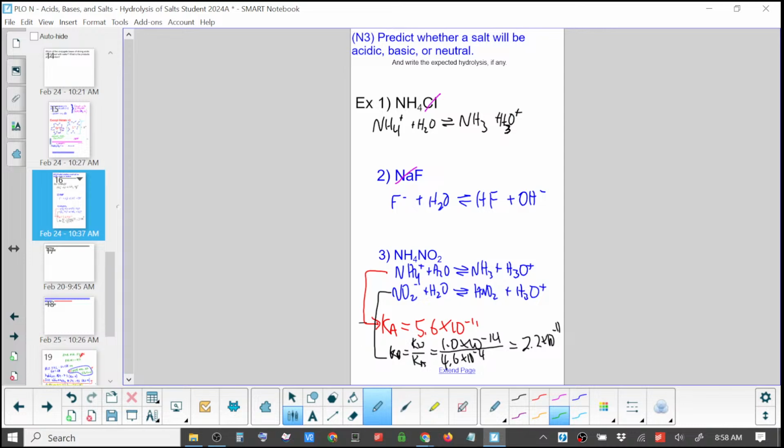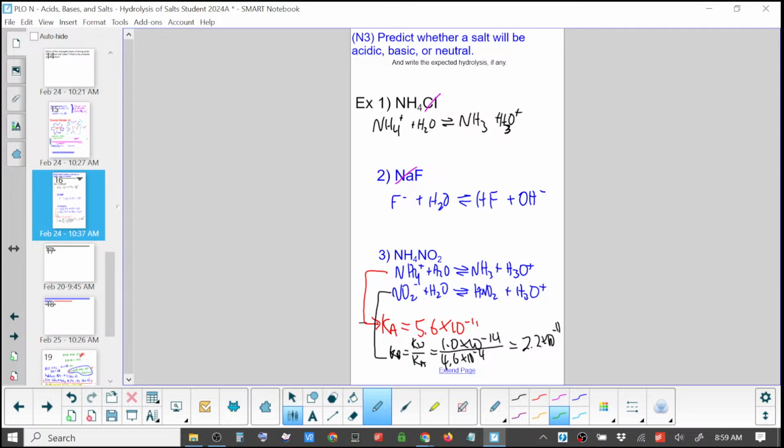So is the last one acidic or basic? We're finding that out. Excellent, it's acidic. Why is it acidic? There's more acid. What's the number for the acid? The KA is bigger than the KB. What is the KA for? 5.6 times 10 to the negative 10.